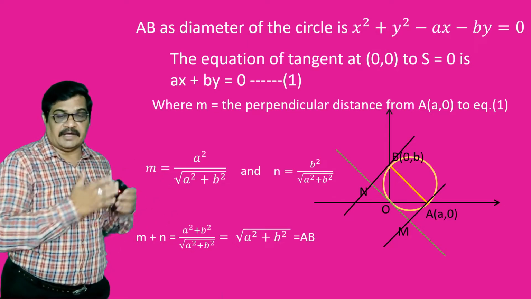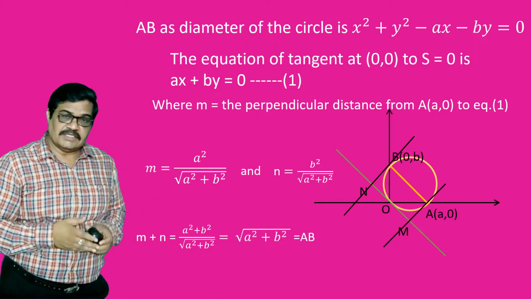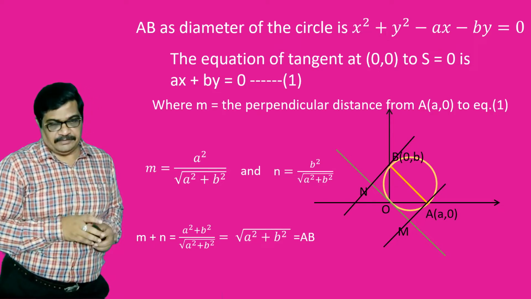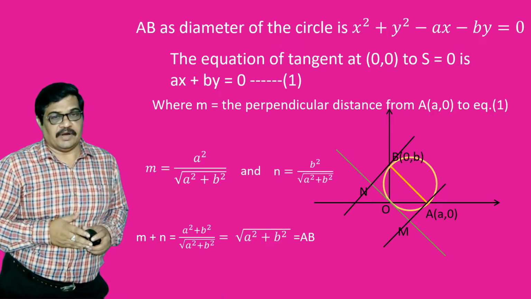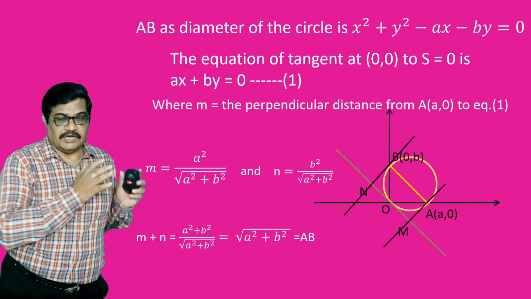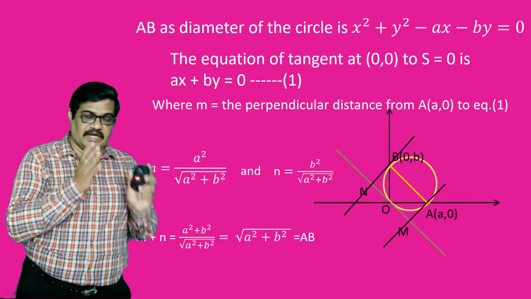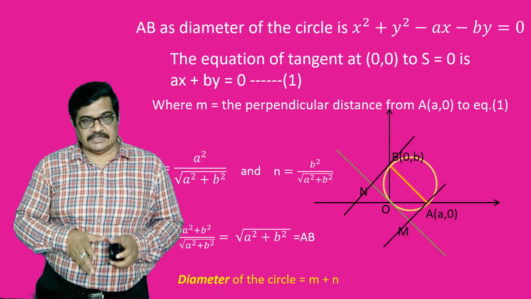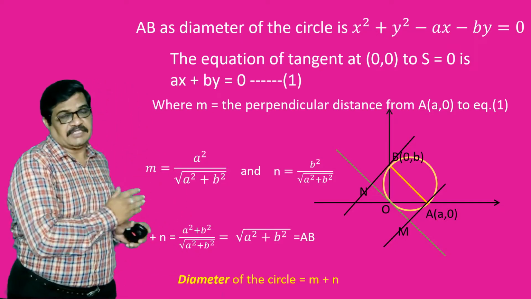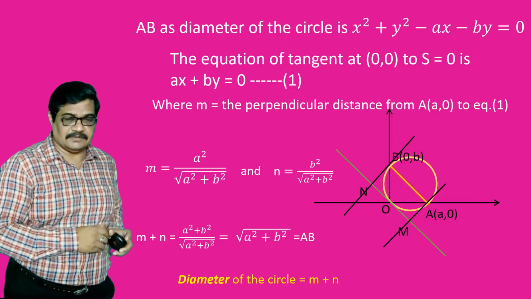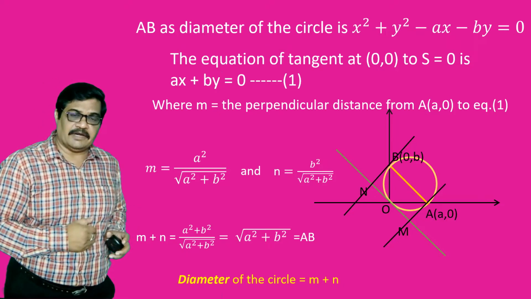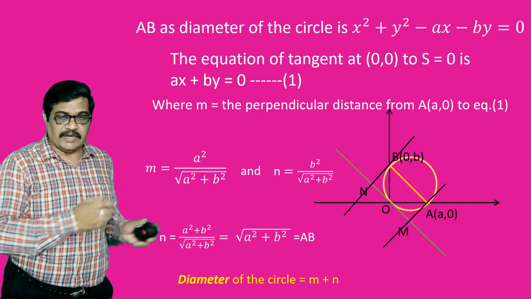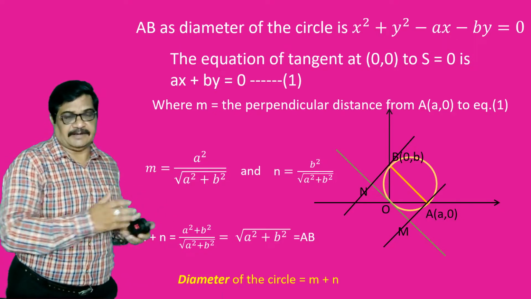The diameter of the circle, circumcircle of triangle OAB. So that is our required answer. So the diameter of the circle is AB, that is equal to m plus n. So the answer m plus n is the required answer. Okay, that is the diameter of the circumscribed circle of triangle OAB.